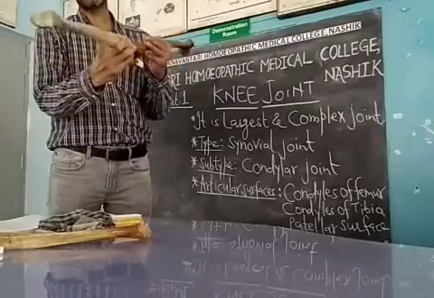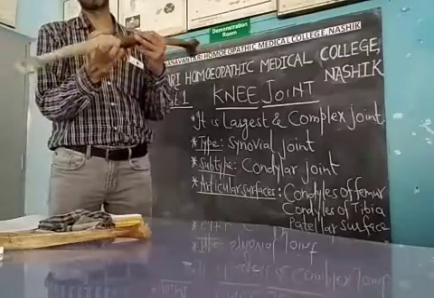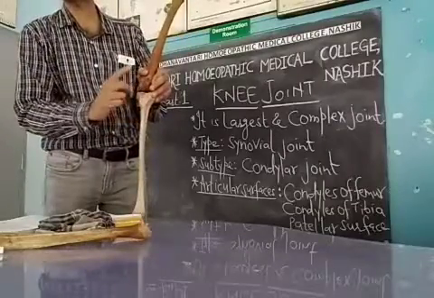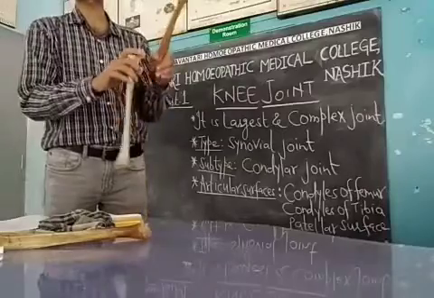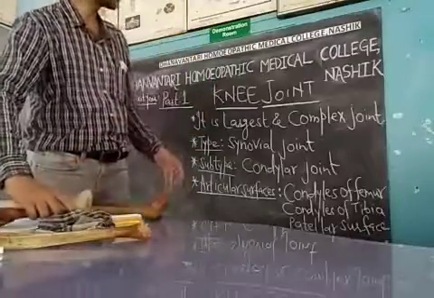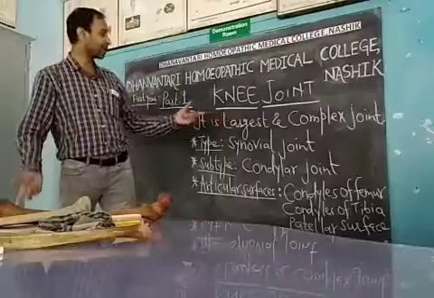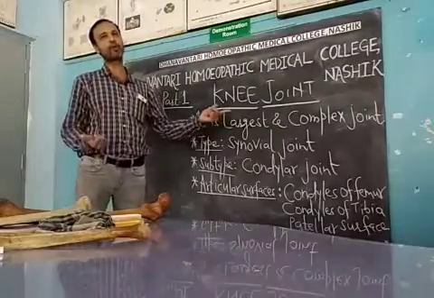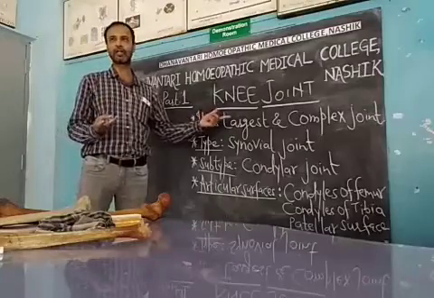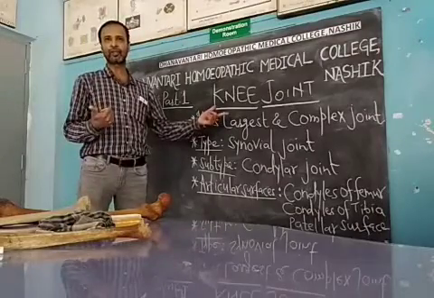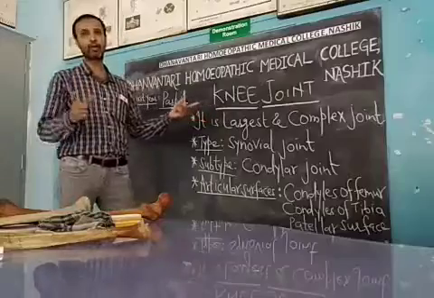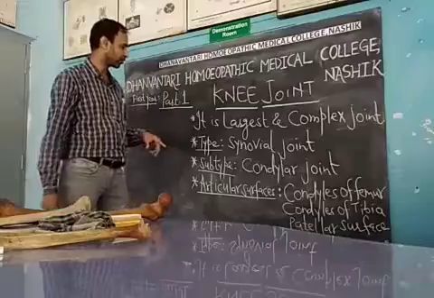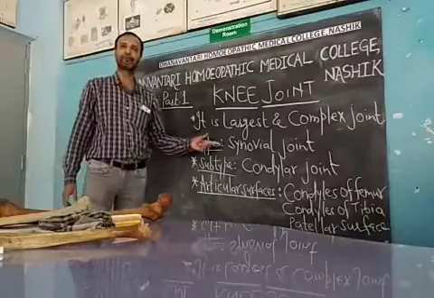Here is the lateral femorotibial joint, and in front the patella is present, so the femoropatellar joint. So the first part is clear: the knee joint is the largest and complex joint, complex because of the fusion of three joints: the medial femorotibial, lateral femorotibial, and femoropatellar joints.